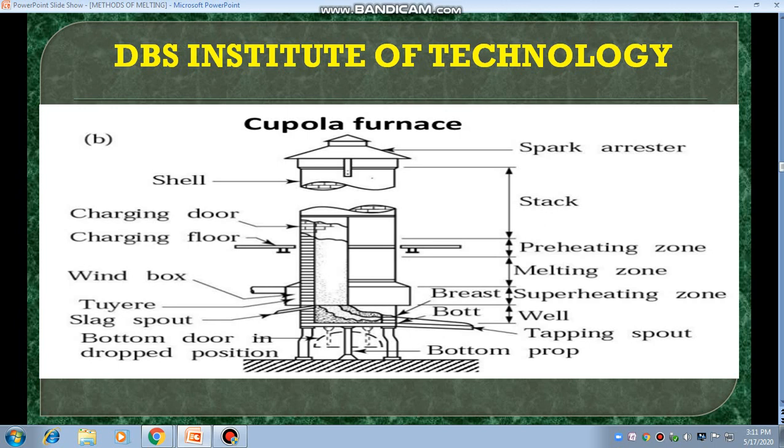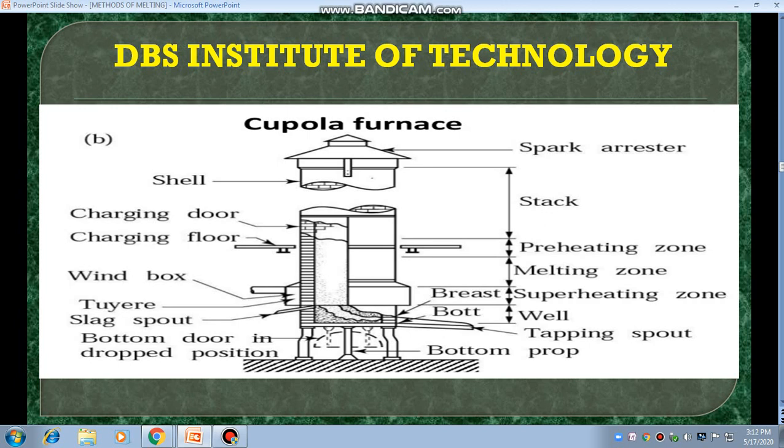Then the stack. Stack tells about the length of the cupola furnace. The stacks are different lengths for different capacities of the furnaces. After that, there is the preheating zone. Under that, there is the melting zone. Again under that, the superheating zone.